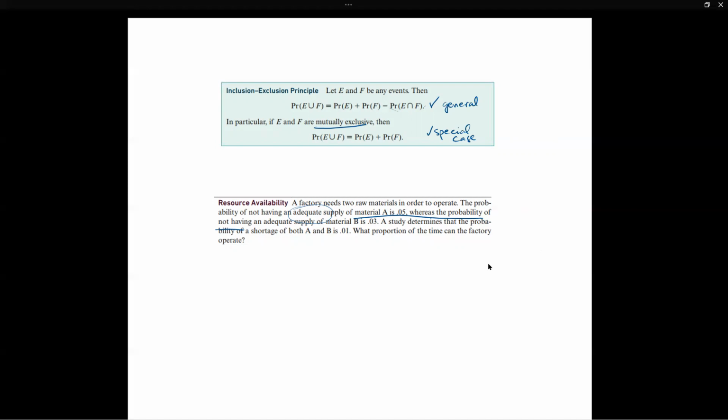The probability of not having an adequate supply of material A is 0.05. So if I want to follow with this E and F, you can do A and B. It's best if you do A and B, right? But if you want to see it in the terms stated there, let's write it.